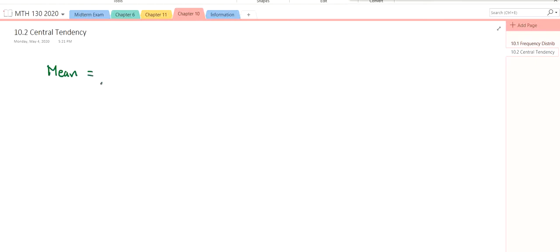Sometimes it's represented by this Greek symbol mu, and really it's the average value of a data set.